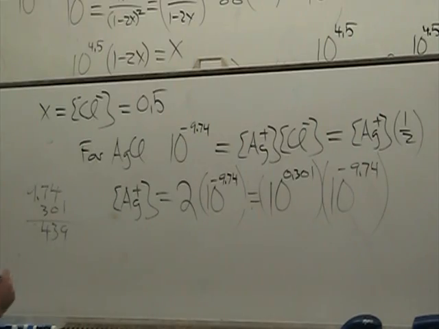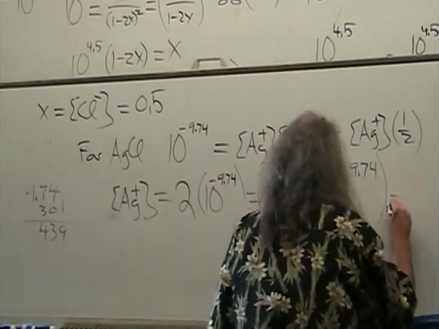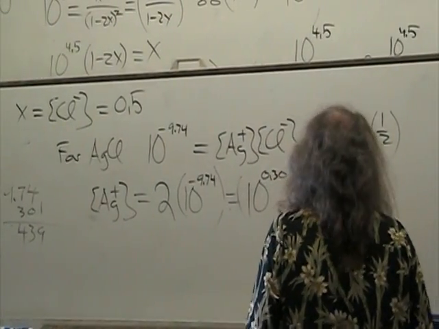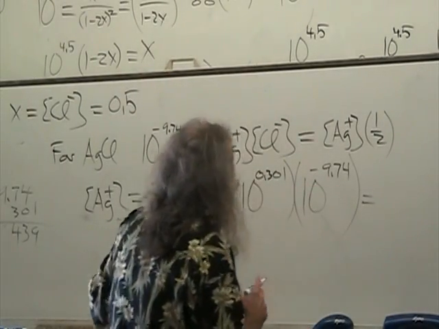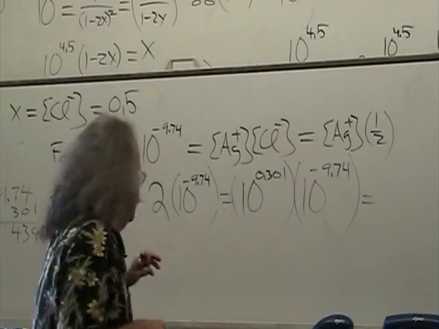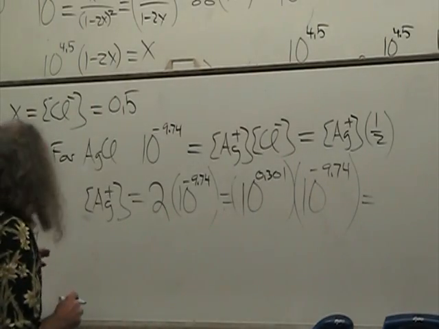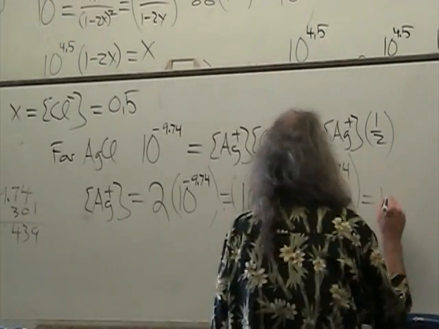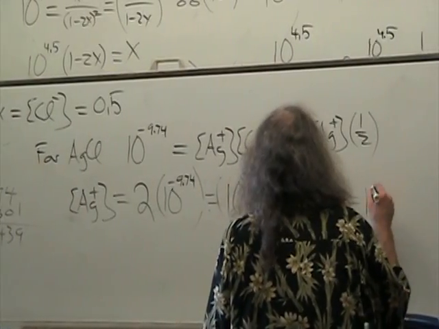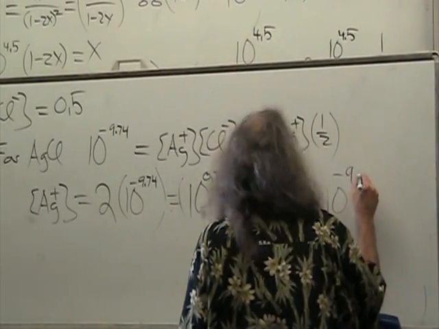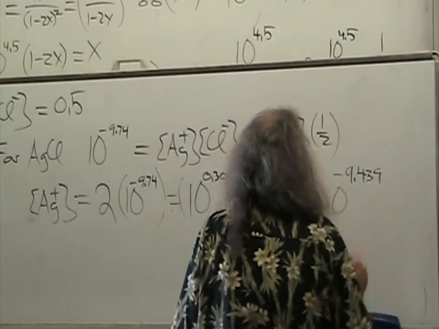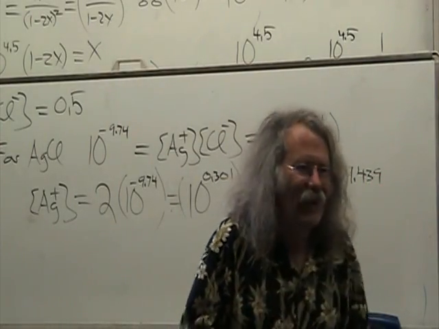Aren't you going to add them? Well, no, this is positive, that's negative. Oh, okay. I did add them, but this is on my scratch paper. That equals 10 to the minus 9.439, but wait, there's more.